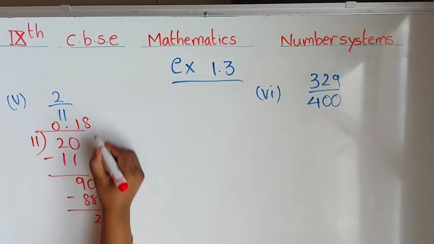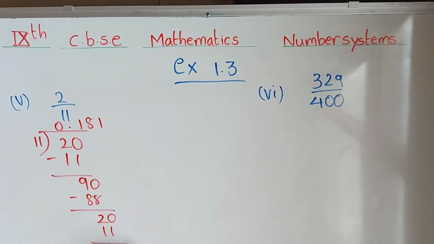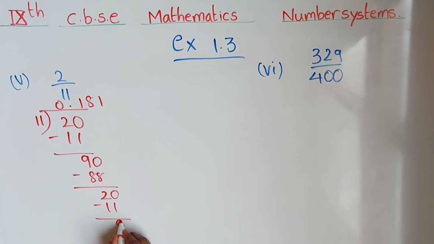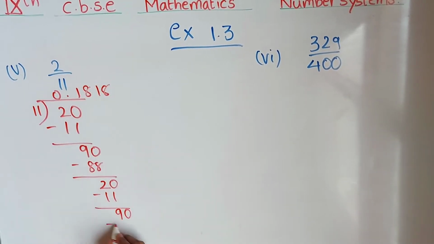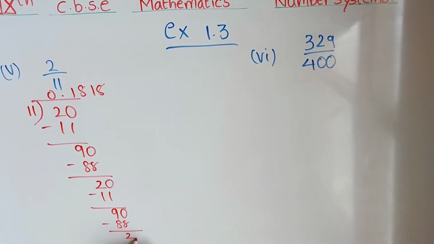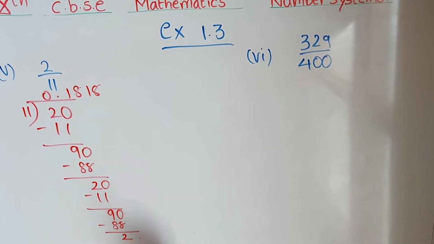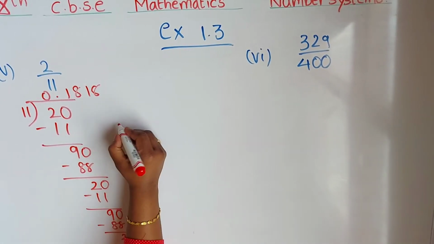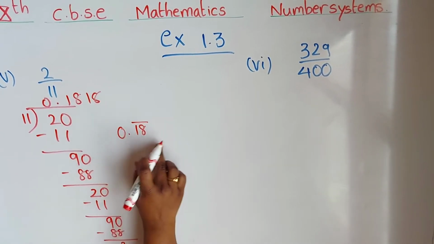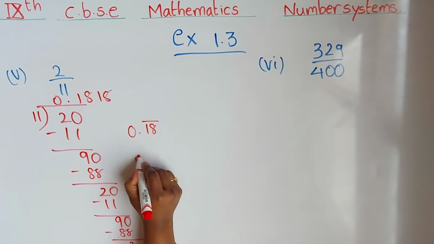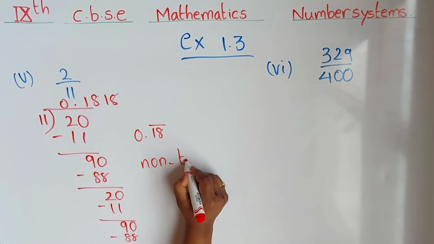So I am writing 0. 11 ones are 11. Again the remainder is 9. Point is there. 0. 11 8s are 88. Again the remainder is 2. So this process also continues. What is the answer, children? 0.18 bar, because it is repeating.